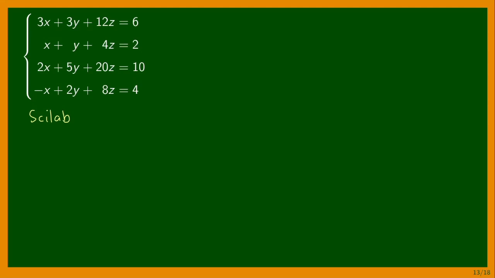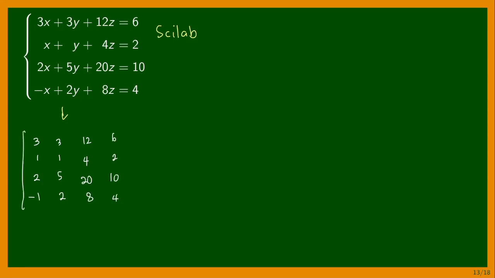So the first step, before we use Scilab, is to write the augmented matrix of this linear system. So the augmented matrix is going to be 3, 1, 2, negative 1, 3, 1, 5, 2, 12, 4, 28, 6, 2, 10, 4. So this is your augmented matrix.